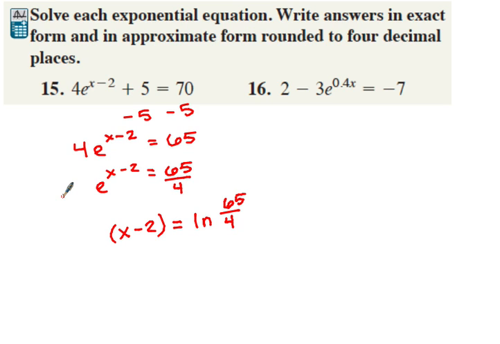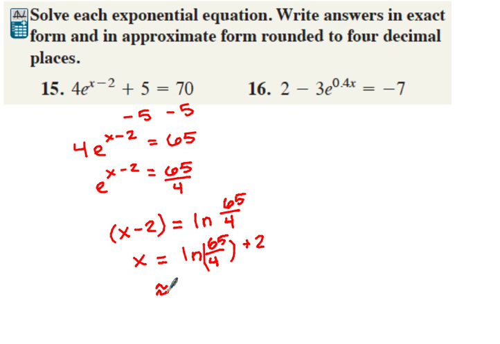So now at this point, we can just add the 2 over, and so your x value is the natural log of 65/4 plus 2. And you can type on your calculator. And this is just a number, so this will be the exact form. Now we have a decimal approximation, which, if we throw that in, we end up with natural log.